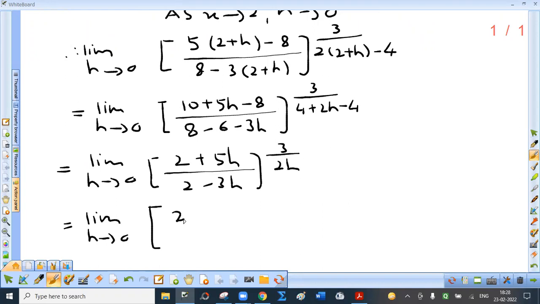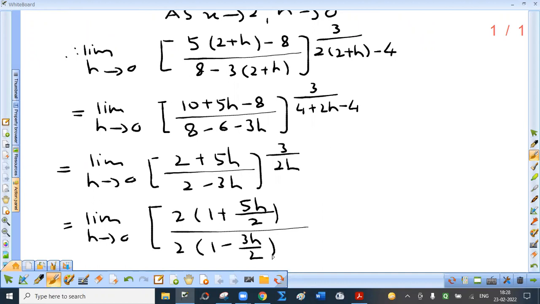Within the bracket, take 2 common from numerator and denominator, because we need 1 plus. So (1 plus 5h by 2), and here if you take 2 common, (1 minus 3h by 2) raised to 3 upon 2h. So the 2 gets cancelled.